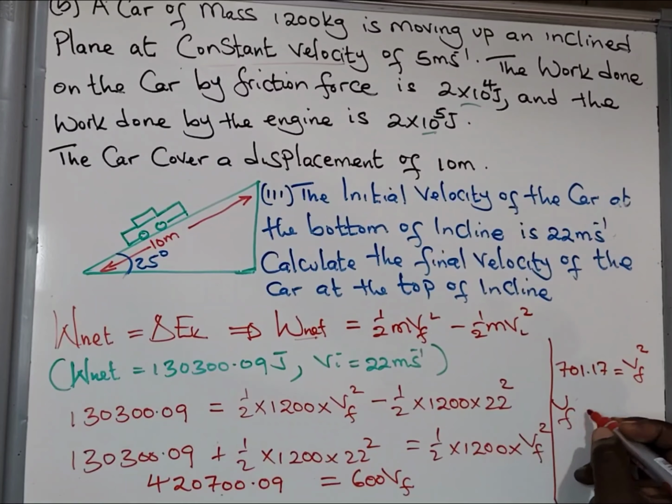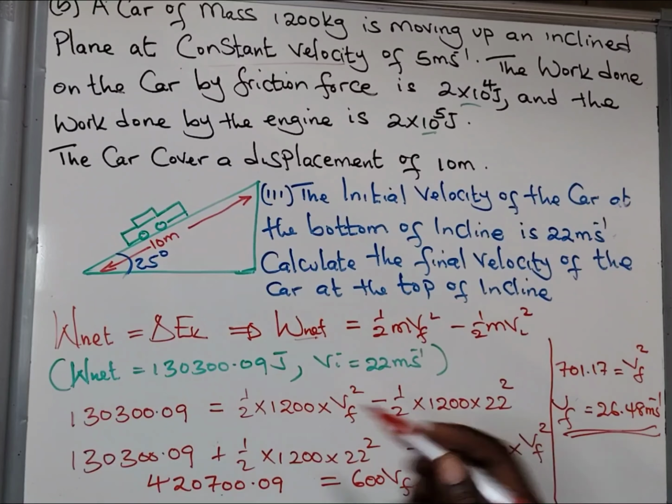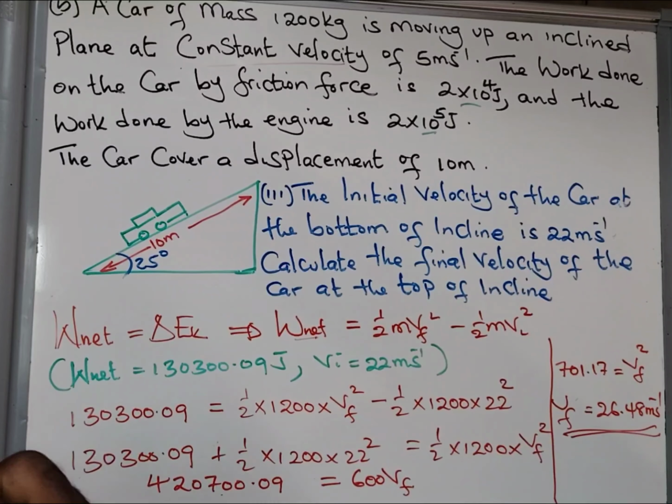So our vf is going to be equal to 26.48 meters per second. And that is the velocity of the car at the top of the hill, or at the top of the incline.